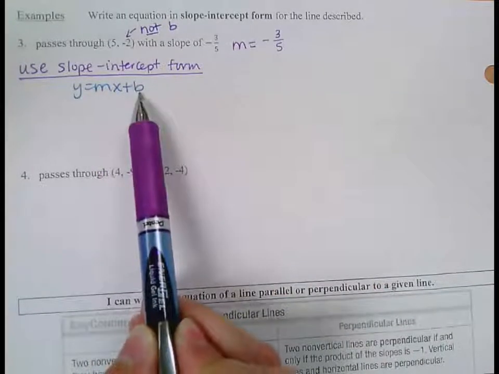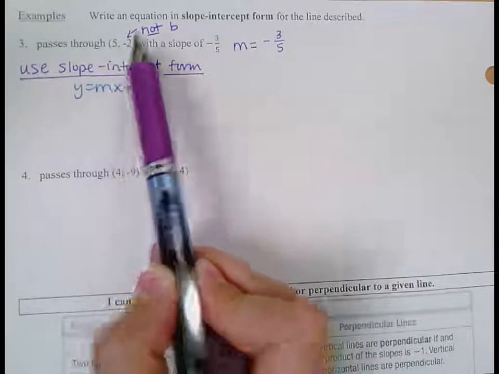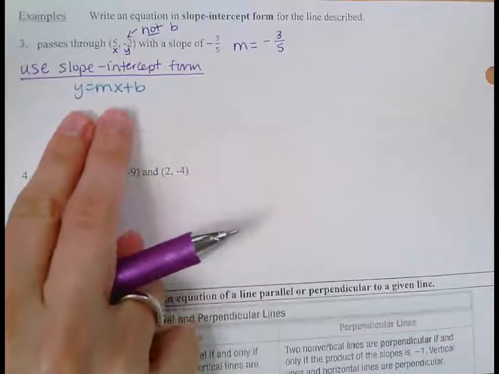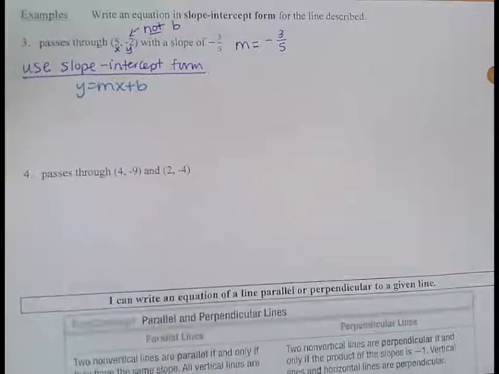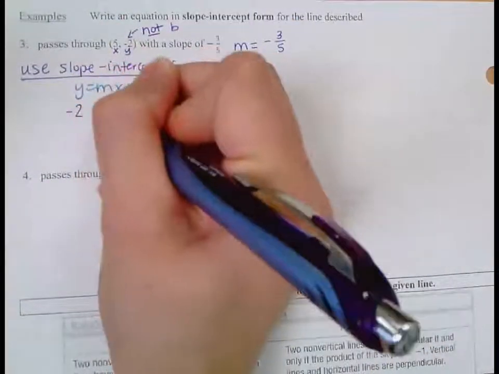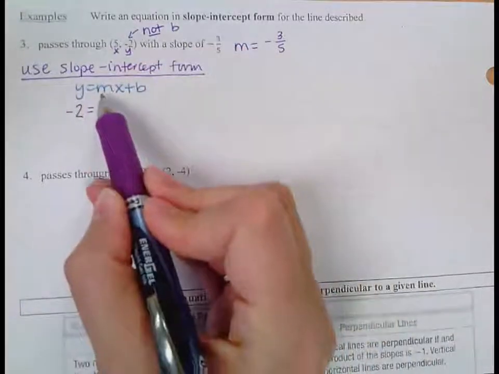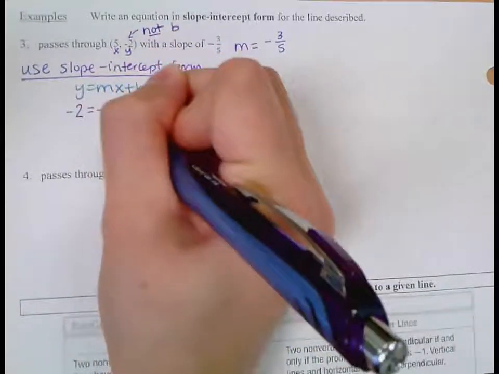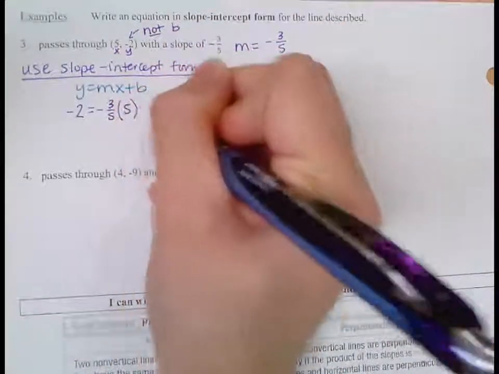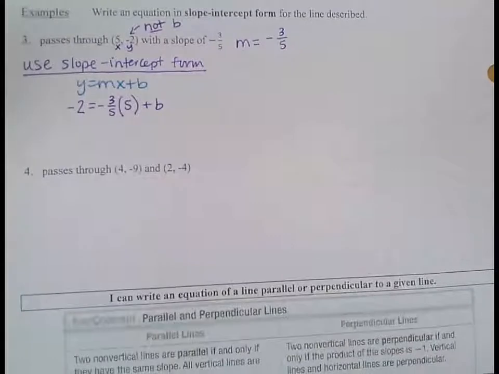And then since I don't know b, I can substitute the x and y coordinates of my point in for the x and y in the formula, and then I can solve for b. So in place of y, I would substitute in -2. In place of m, -3/5 times, in place of x, my x coordinate is 5, and then I keep the plus b, and I solve for b, right?